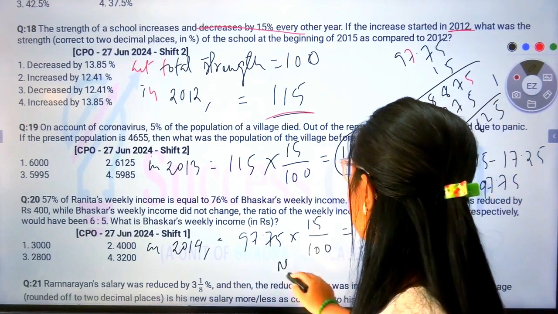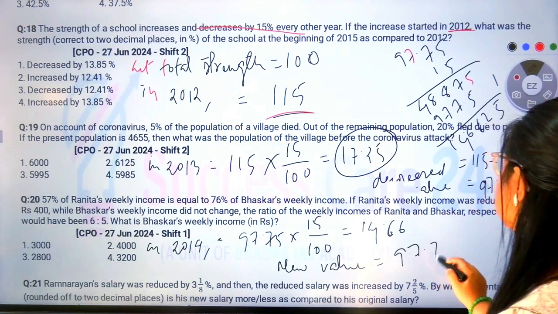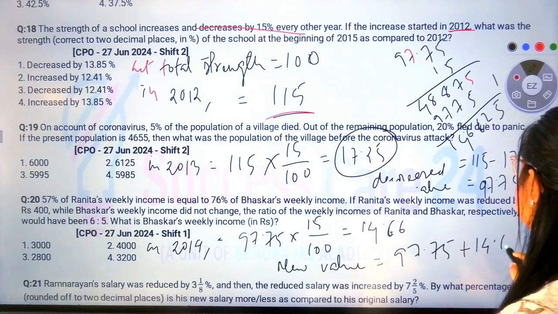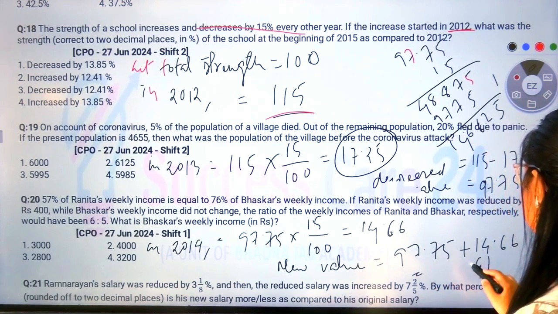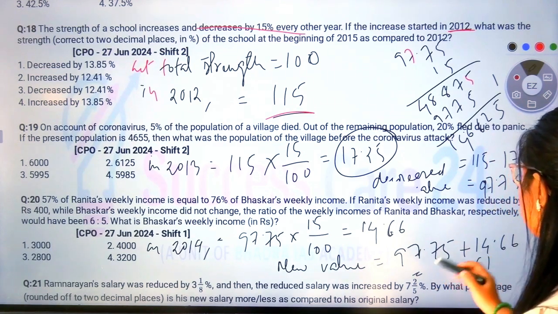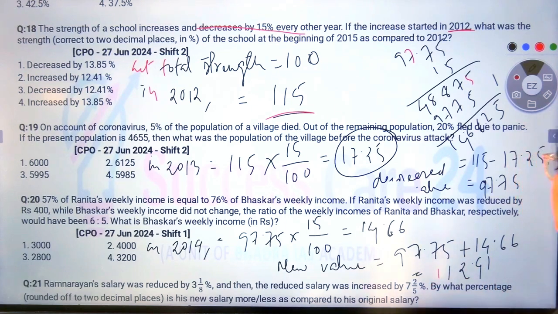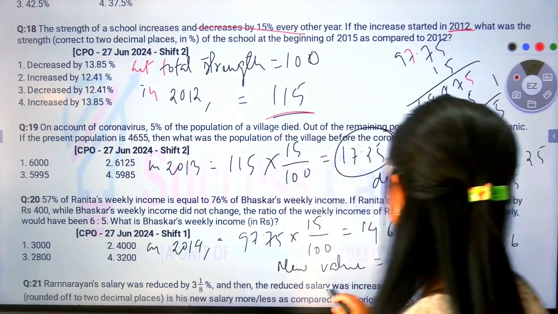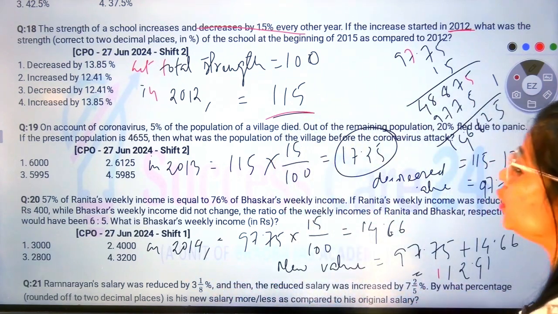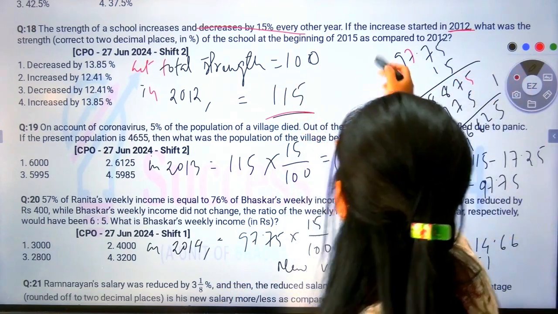Then the new value would be 97.75 plus 14.66. If you do the calculation, it is 112.41. So after 2014 the value would be 112.41, and you are given the beginning of 2015.